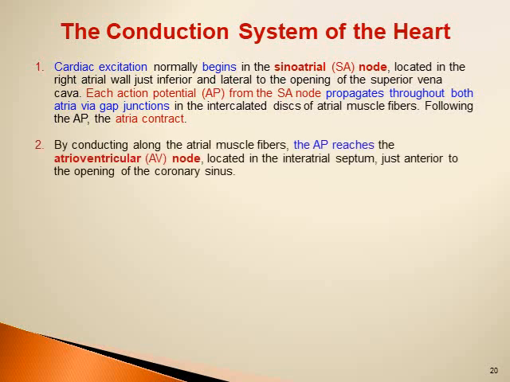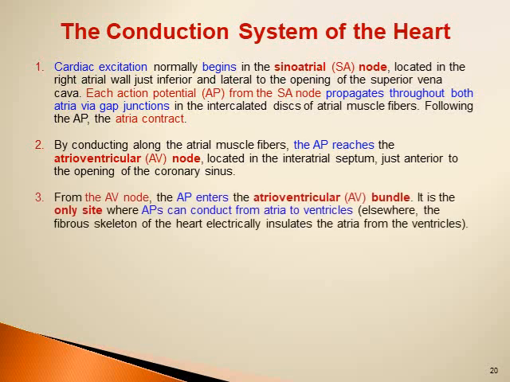By conducting along the atrial muscle fibers, the action potential reaches the atrioventricular node that is located in the interatrial septum just anterior to the opening of the coronary sinus. From the AV node, after the delay in the AV node, the action potential enters the AV bundle.